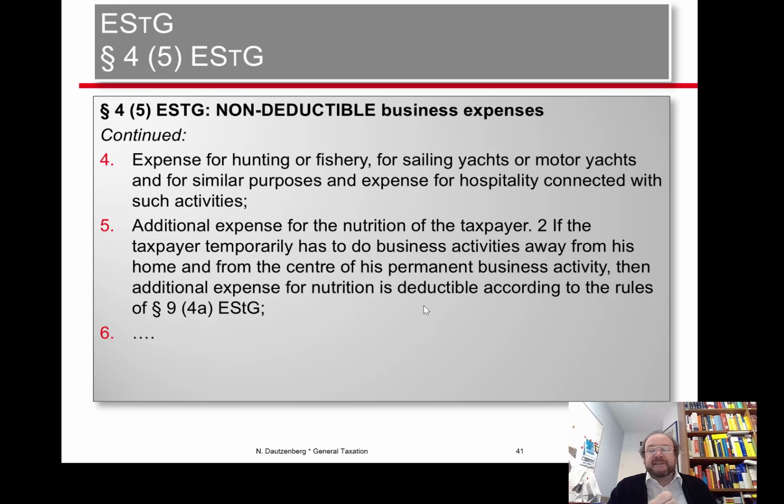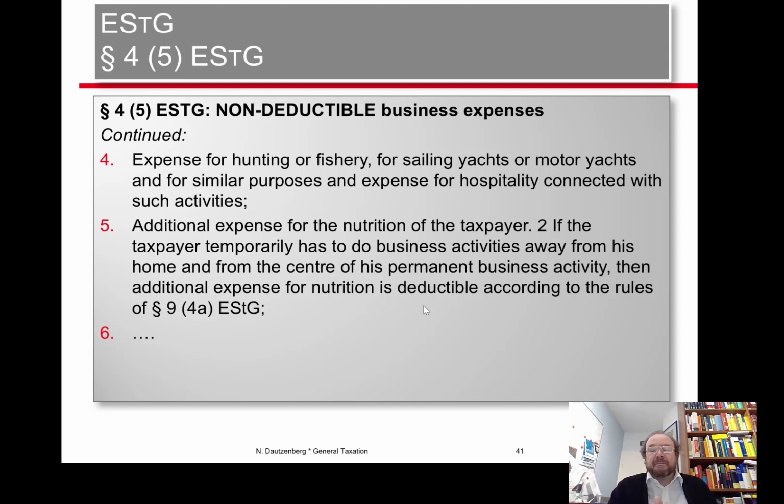Then there is also a rule for additional expense for nutrition or food. The idea is the same as with the restaurant. When I am at home or when I am in the firm, I know ways how to eat cheap with lunch also.